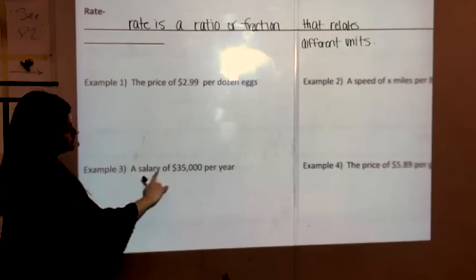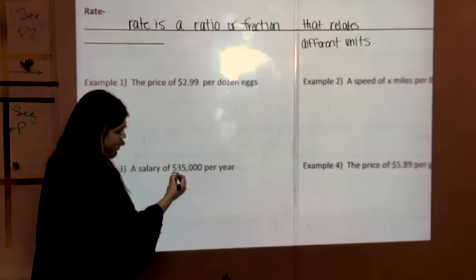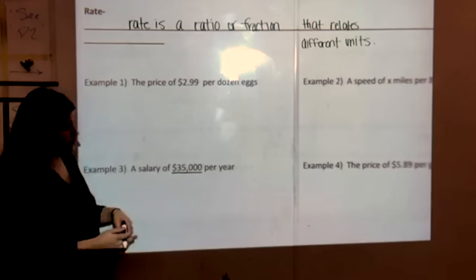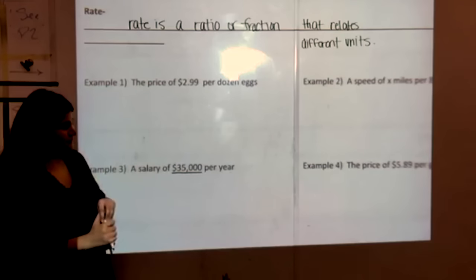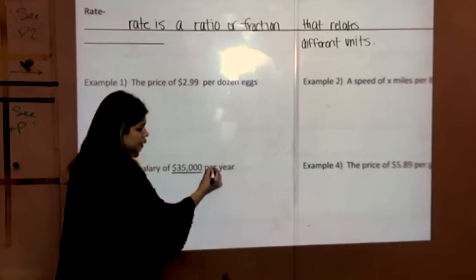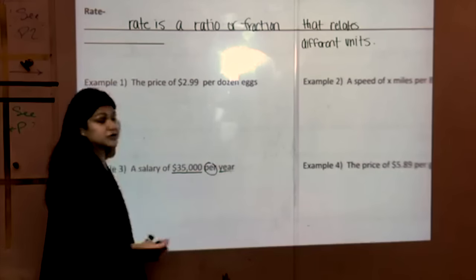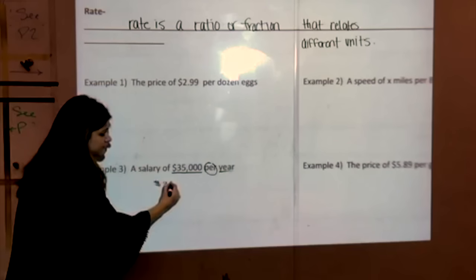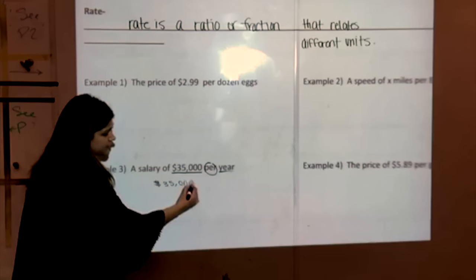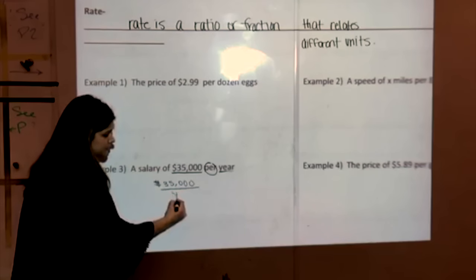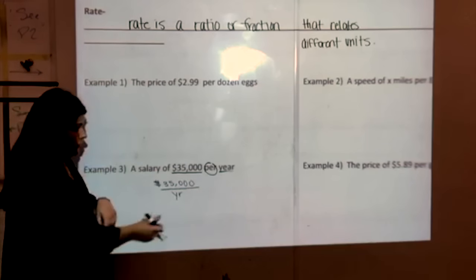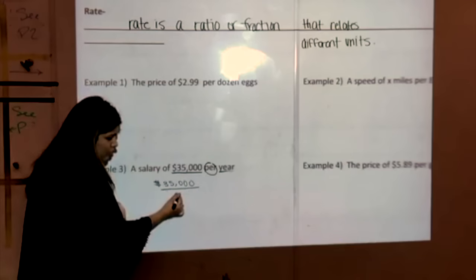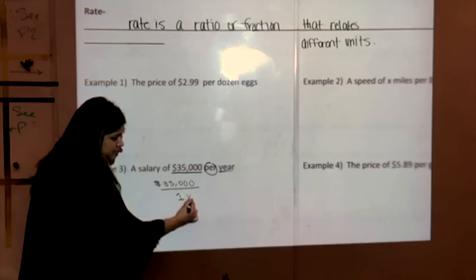Here I see a salary of $35,000 per year. So I'm saying that this person earns $35,000 per year, or per 1 year.